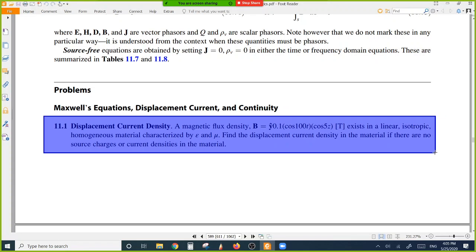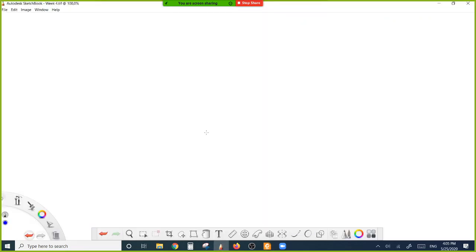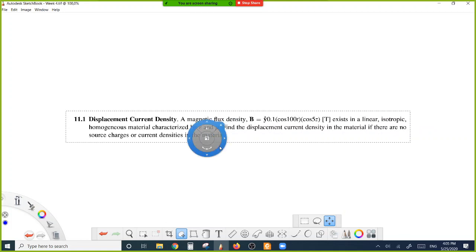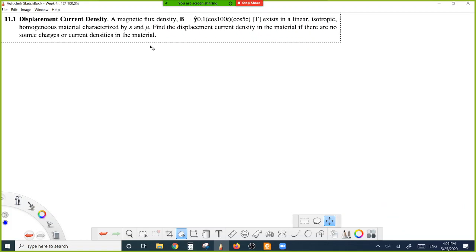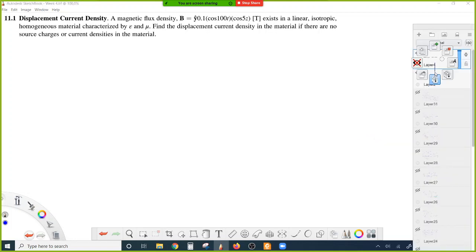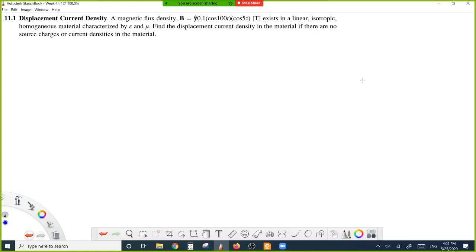displacement current density JD. So let's read the problem.